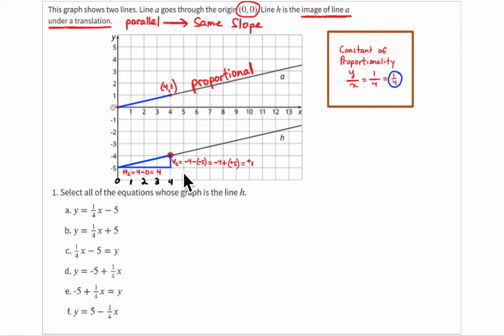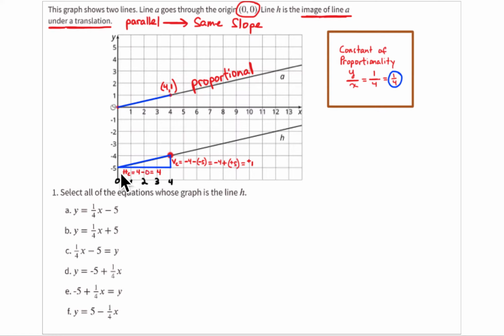And so the change in the horizontal direction, you have to look at where you start. So you start at 0 and you end at 4. So what is that change? Well, that's the difference between where you end, 4, minus where you started, 0. So 4 minus 0 is 4.